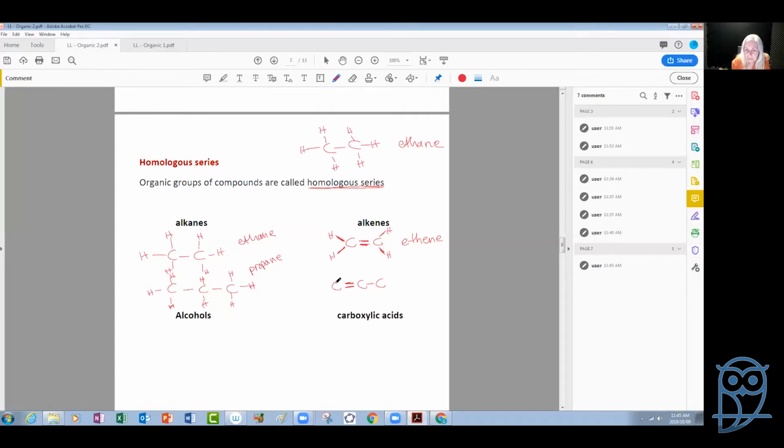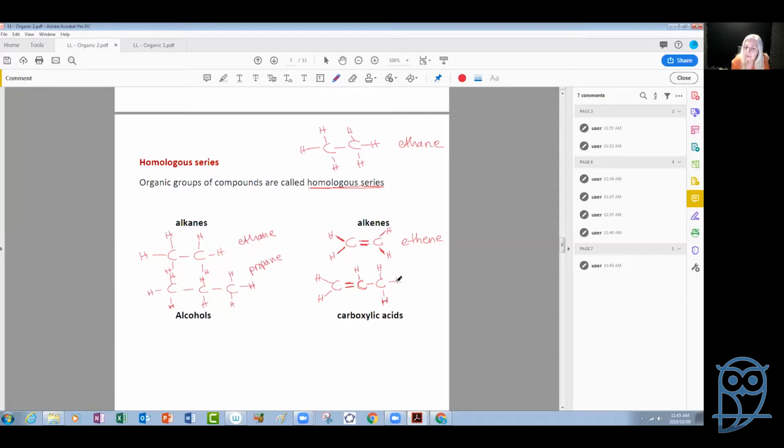The first carbon needs another 2 hydrogens. The carbon in the middle has 1, 2, 3 bonds and needs another hydrogen. Let's place it up there. And the carbon on the right-hand side needs another 3 to make its 4 bonds. So this is how it could look, okay?